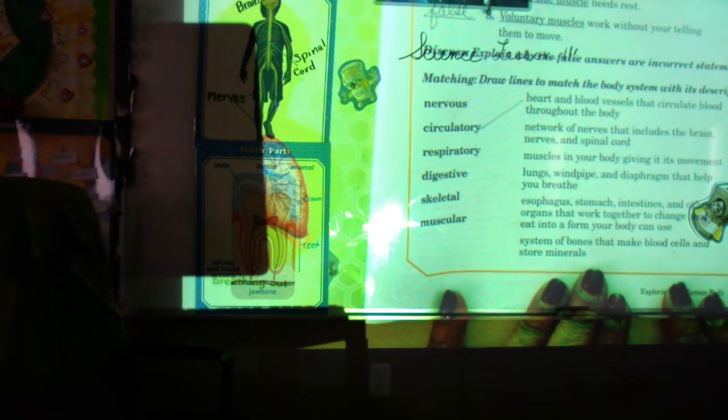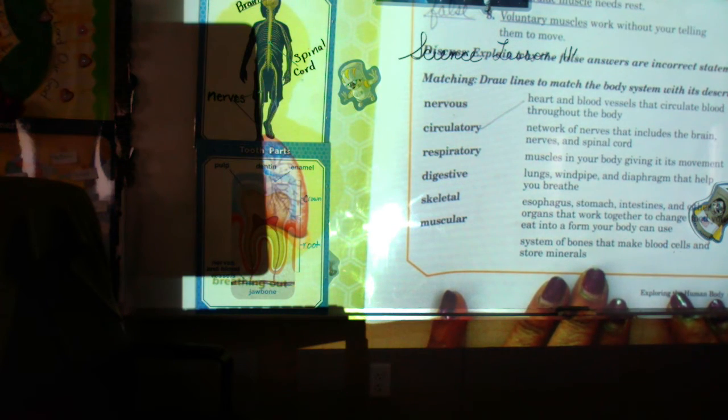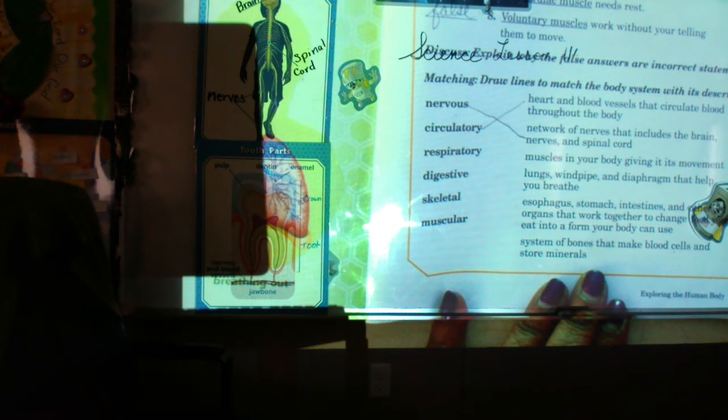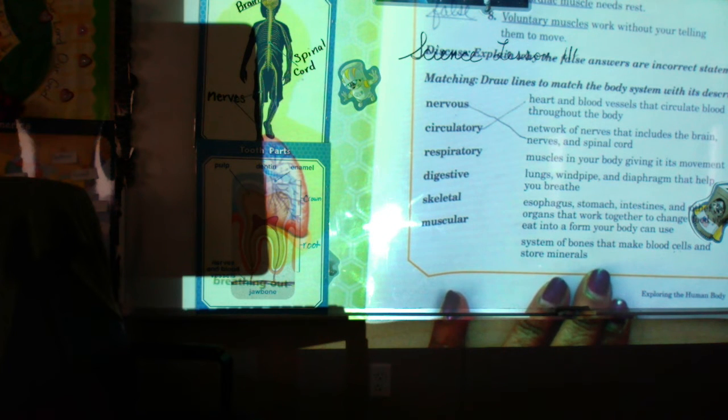Circulatory, skeletal, digestive, muscular, nervous will be the nervous system. The muscles in your body giving it its movement. Muscular.